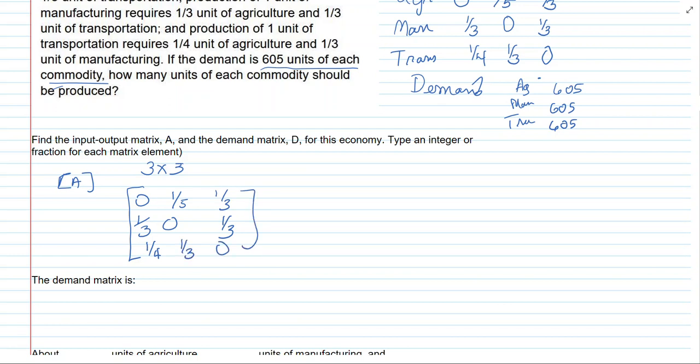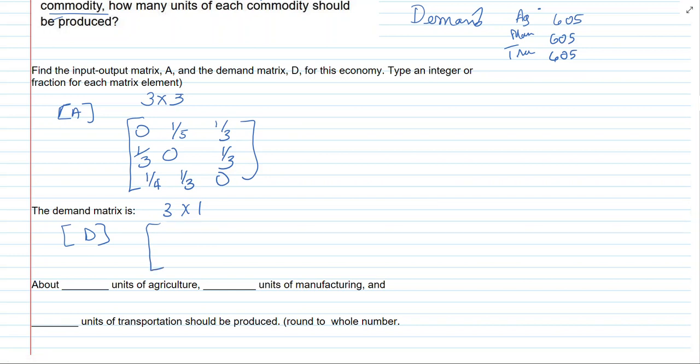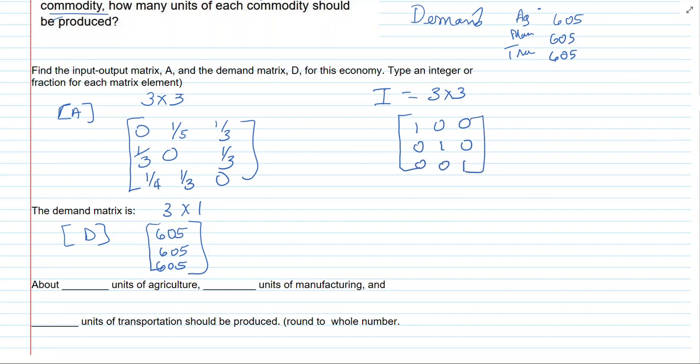And that's going to be 605. So we need our identity matrix to be a 3 by 3. Excuse me. And that's going to be 1, 0, 0, 0, 1, 0, 0, 0, 1. All right. So this is going to be our A, this is going to be our B, and this is going to be our C. So let's enter those in the calculator.